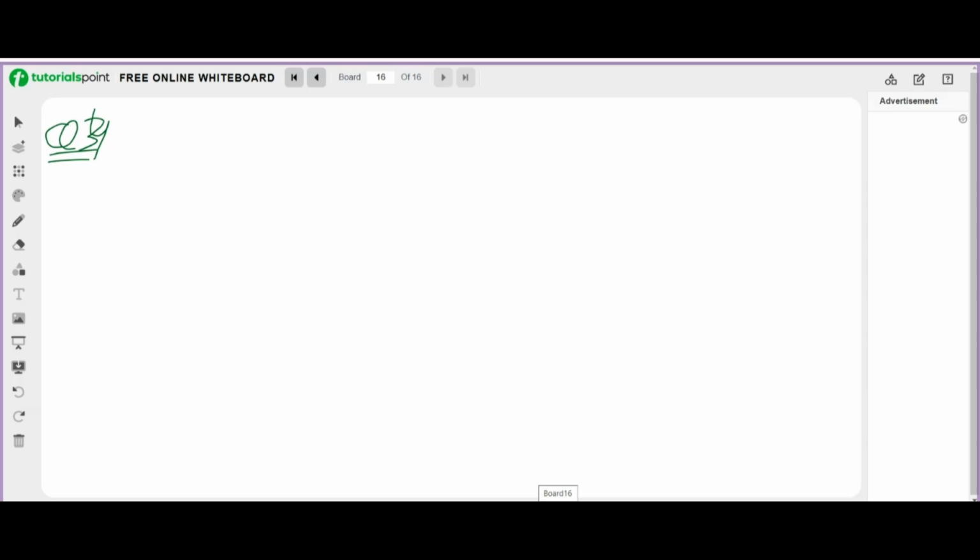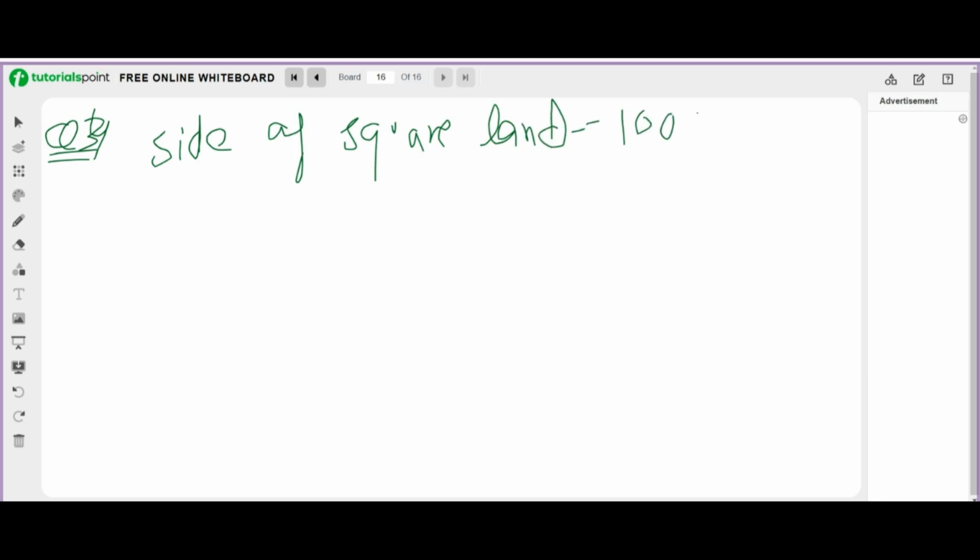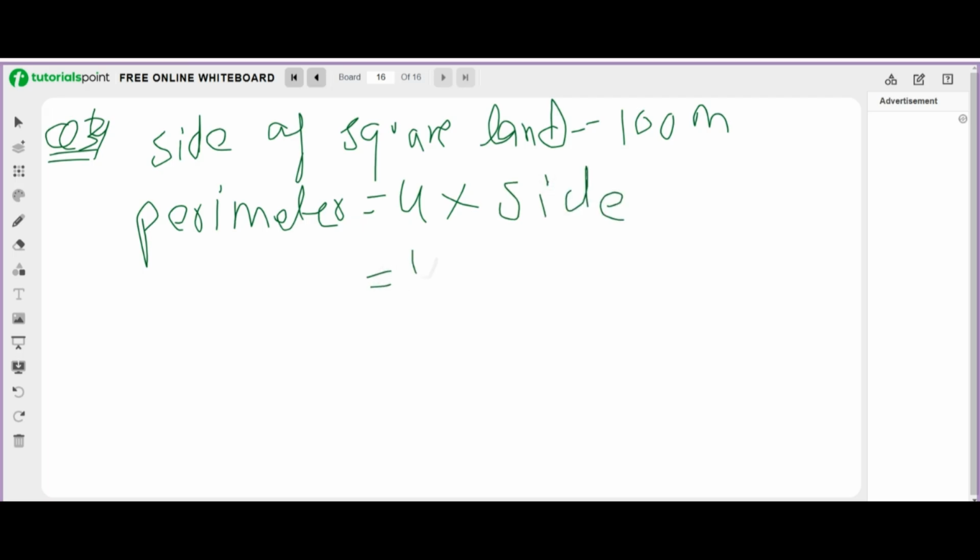So the side of the square land is equal to 100 meter. And then the perimeter: 4 multiplied by the side, so 4 multiplied by 100 is equal to 400 meters.